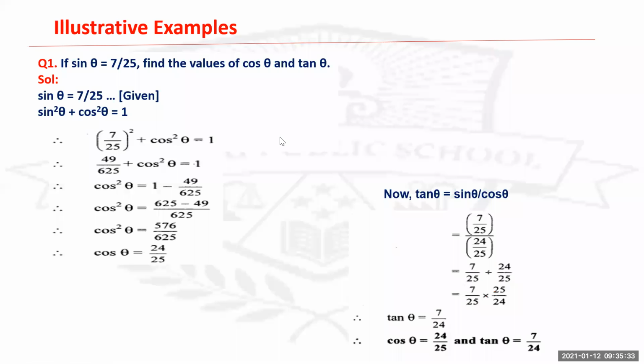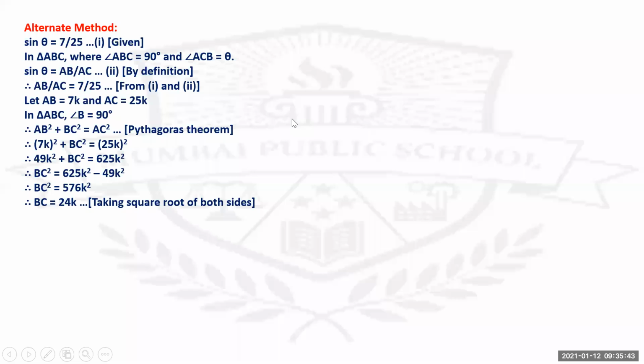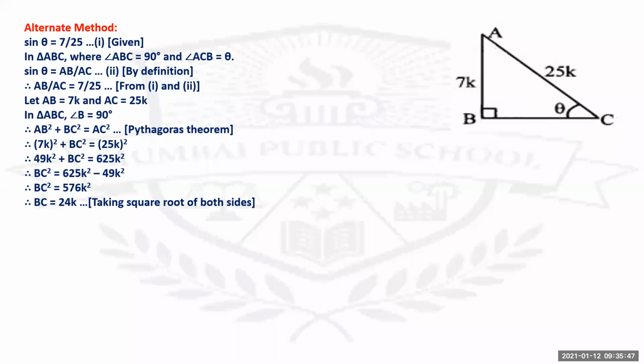Is this clear to all the students? This is the first method, using the trigonometric identity. Now we'll solve it by the other method, the alternate method. It is using the trigonometric ratio. Now consider this to be triangle ABC where B is 90 degrees and angle C is theta.